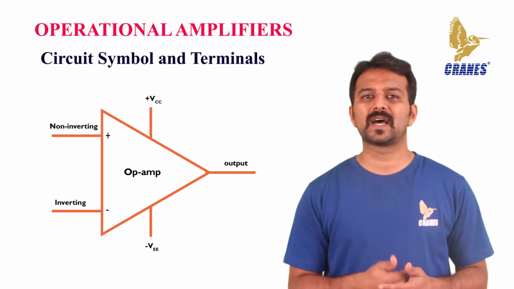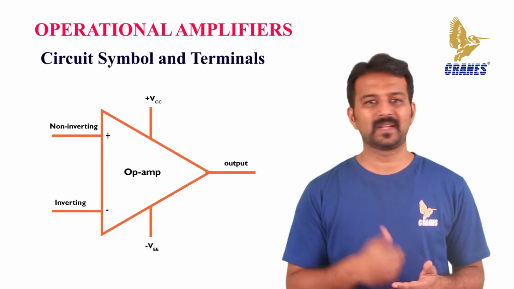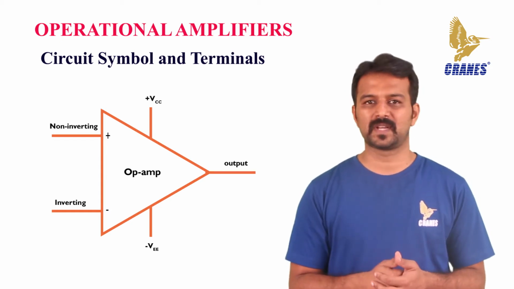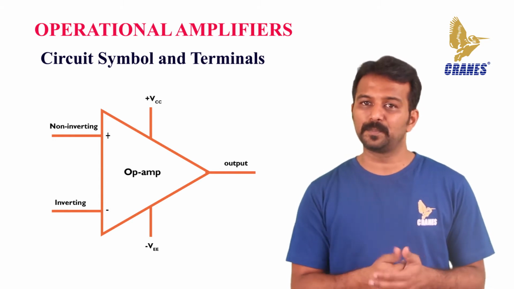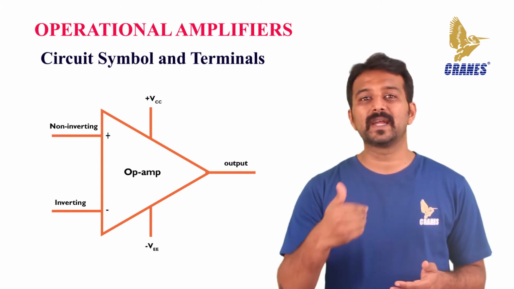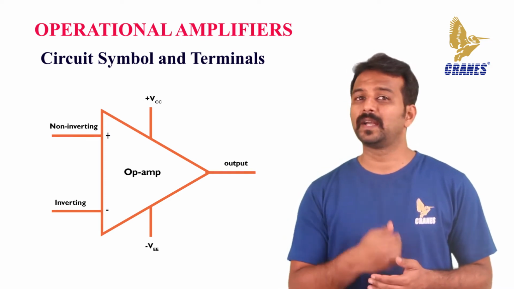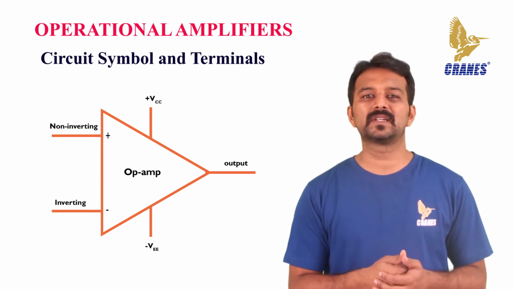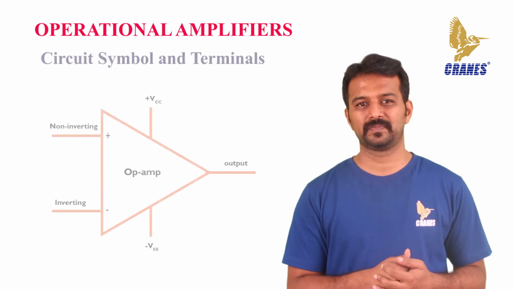The input terminals are designated as inverting input, which is the minus sign, and the non-inverting input, which is the positive sign. A positive going voltage applied to the inverting input produces a negative going output, that is an inverted output, and a positive going signal at the non-inverting input generates a positive going output, which is a non-inverted output.